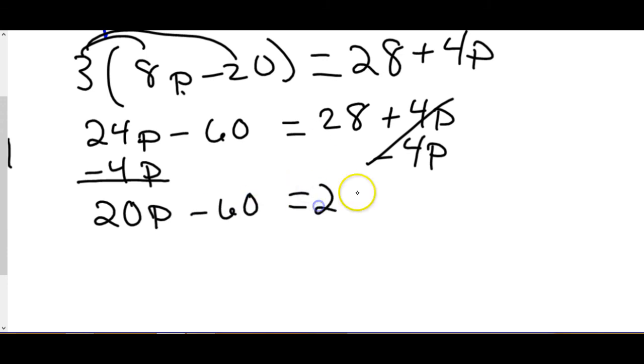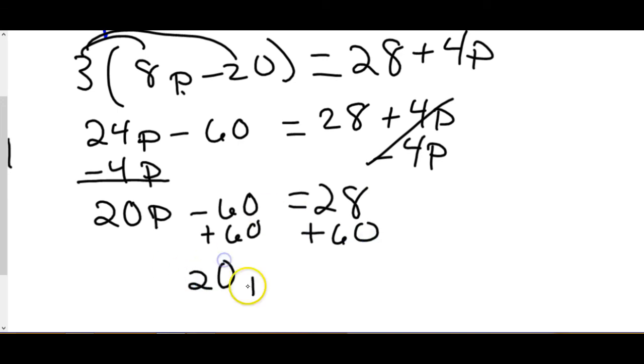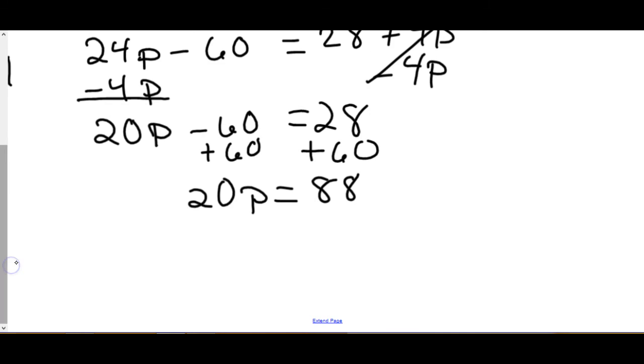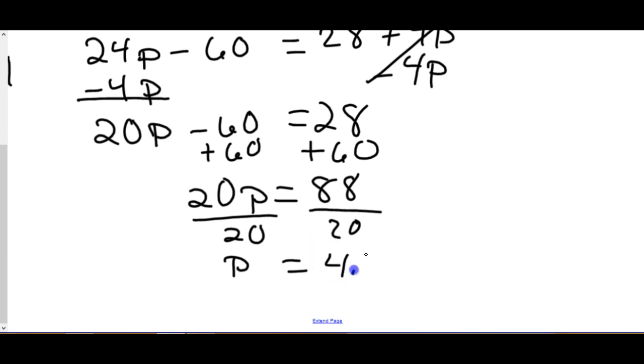Bring down the 28. Opposite of minusing 60 is adding 60. So 20p equals 88. And now we divide by 20. 88 divided by 20, this one's going to be a decimal for our answer, would be 4.4.